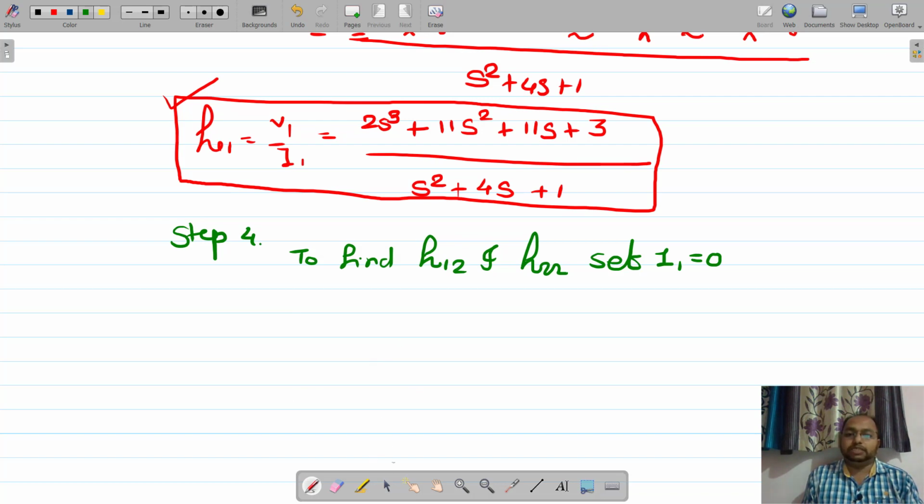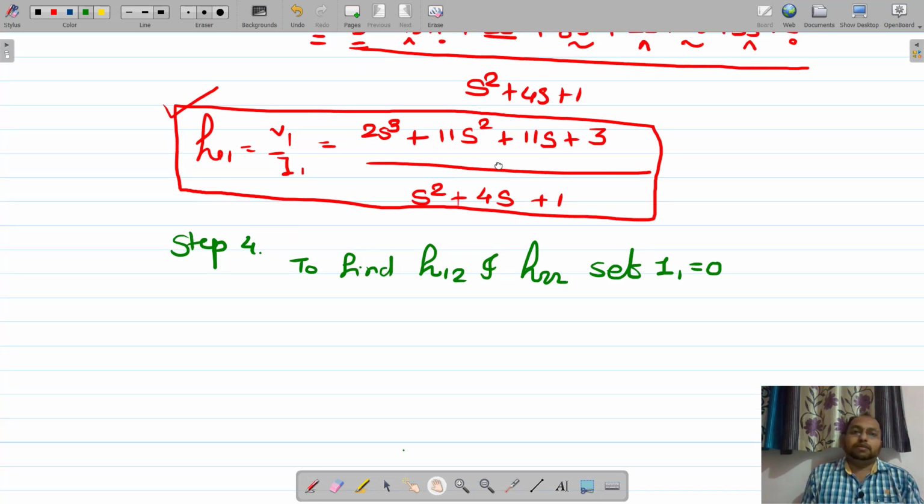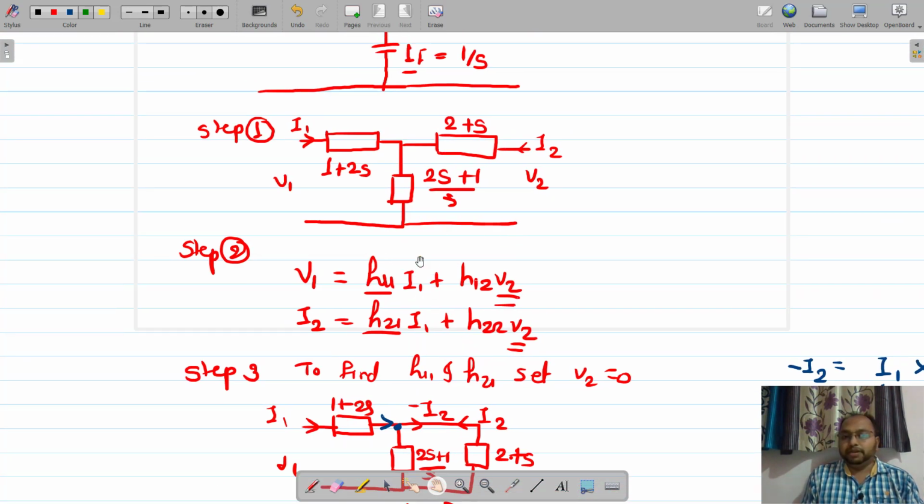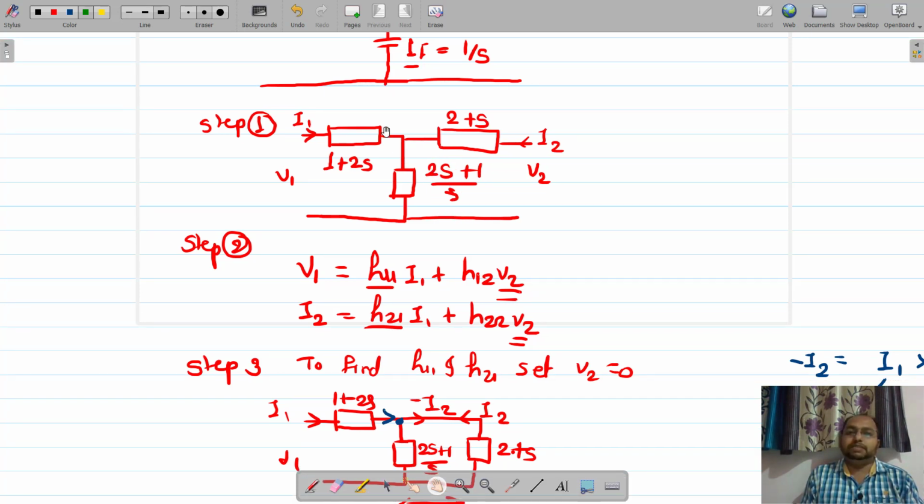So let us check it out. So we need to make I1 0, isn't it? So ultimately this impedance will not be in the picture. But as we made I1 current equal to 0, the V1 is not going to become 0, because V1 will be the drop across this particular resistor because of this I2. Are you getting it? So let us go for it. So this will be simply disconnected.